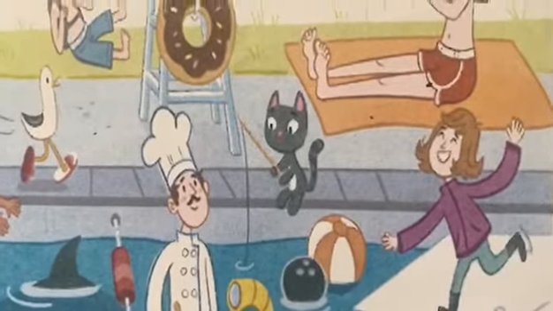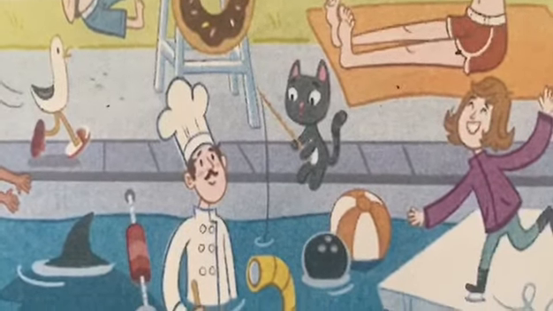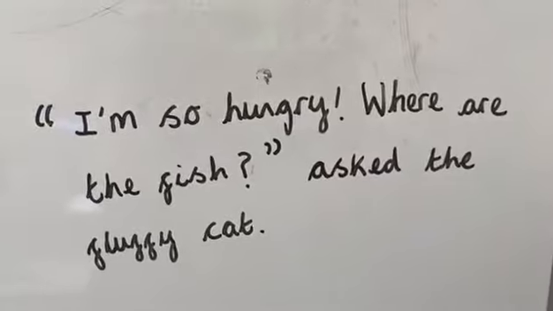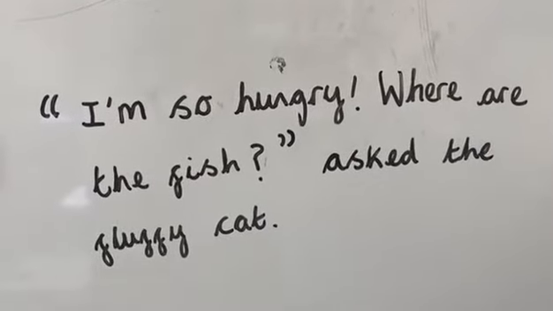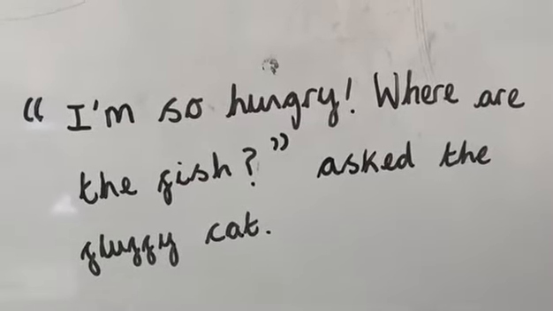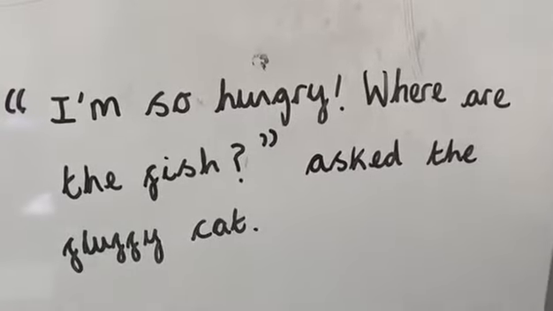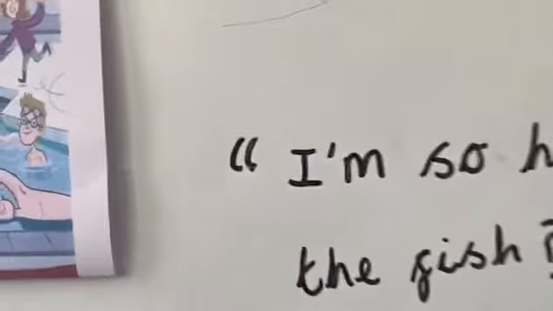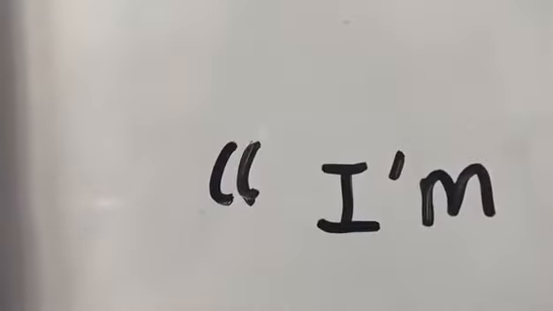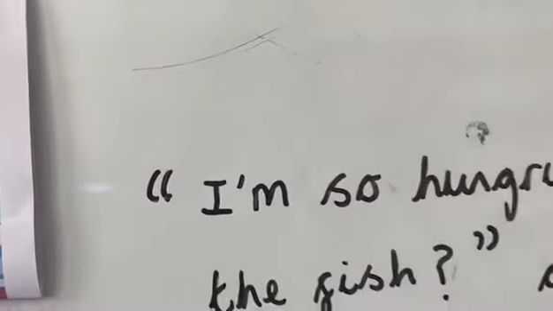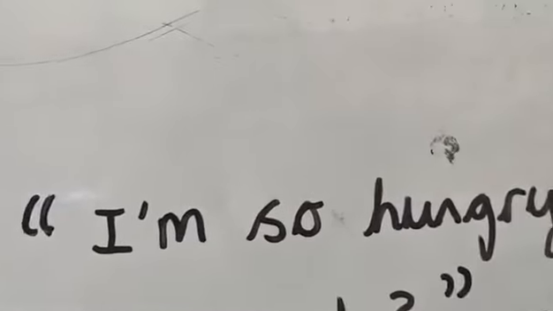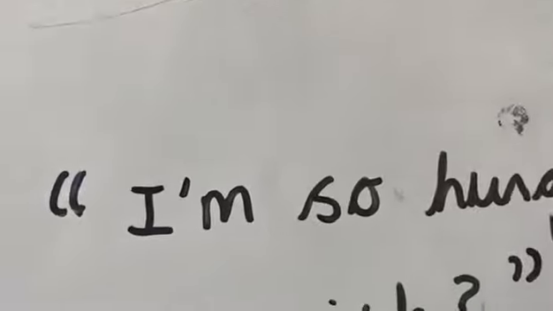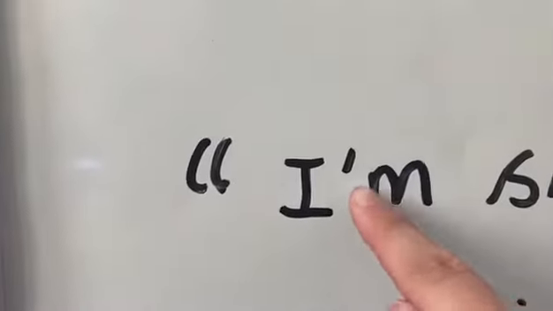For my second sentence, I'm using this picture of the cat who is fishing. Here is my sentence. "I'm so hungry, where are the fish?" asked the fluffy cat. Now let's check if I've punctuated that correctly. I've begun with my opening speech marks, so now I know somebody is talking. "I'm so hungry." Oh look, I've used an apostrophe here for my contraction.